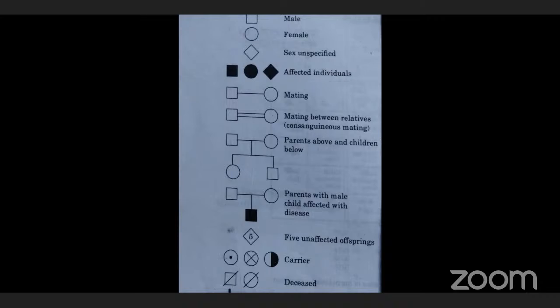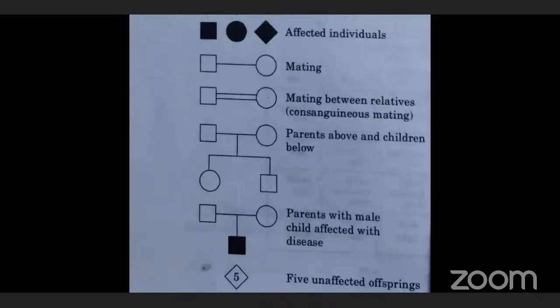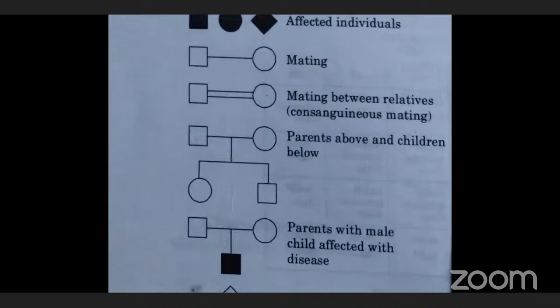Fully shaded means affected individuals. A horizontal line between the square box and circle means mating. Two horizontal lines between them mean mating between close relatives.